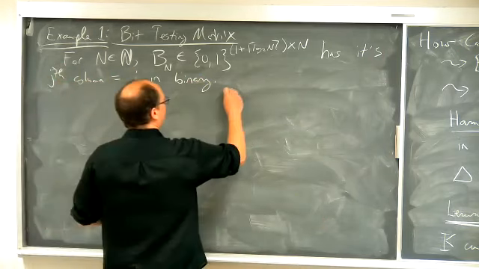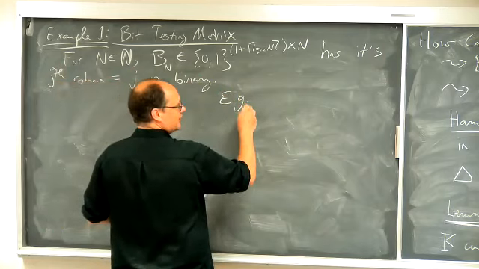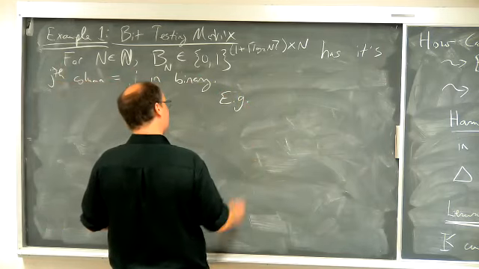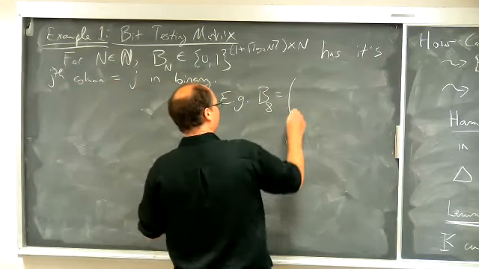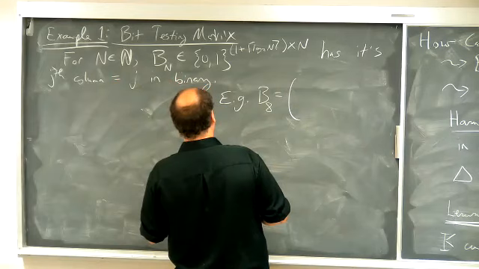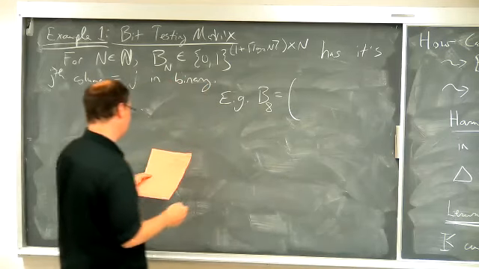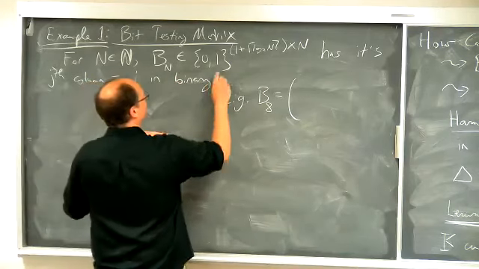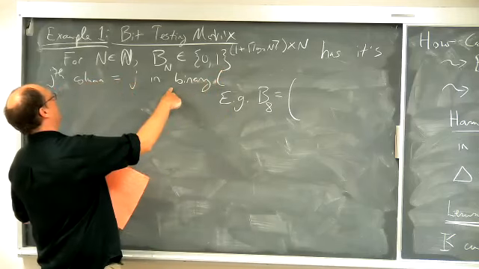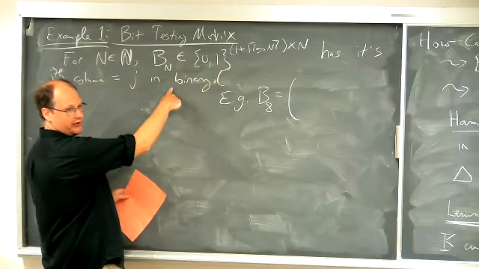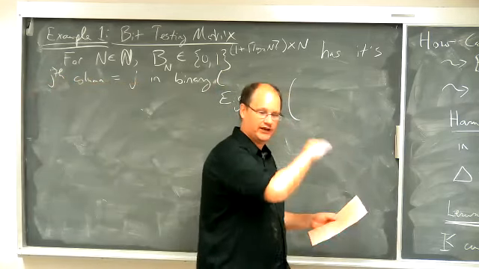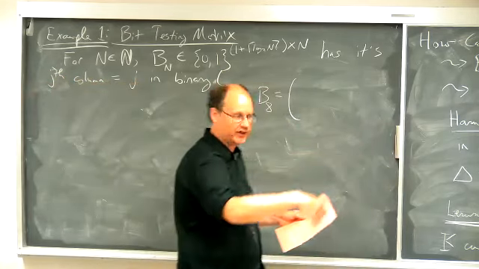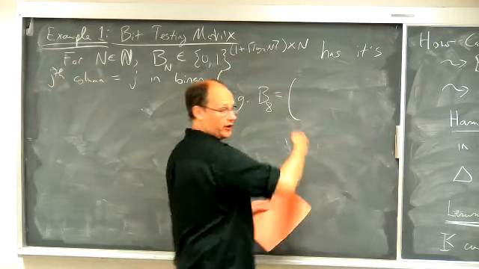So here's an example. So B8, right? So one other thing, it's the jth column, it's j in binary. I'm going to put for rows, for reasons that will become clearer soon, I'm also going to add an extra row of ones at the top. So it'll have one, that's why it has one additional row, right?